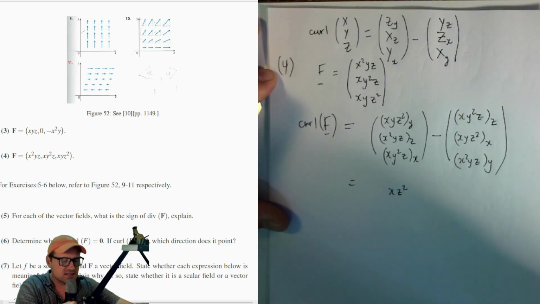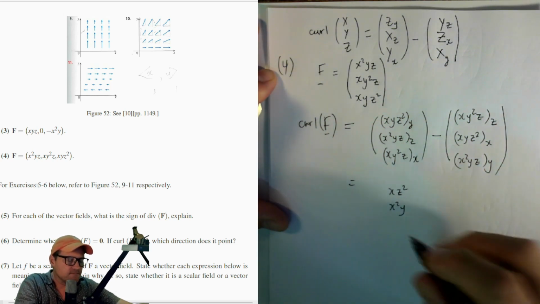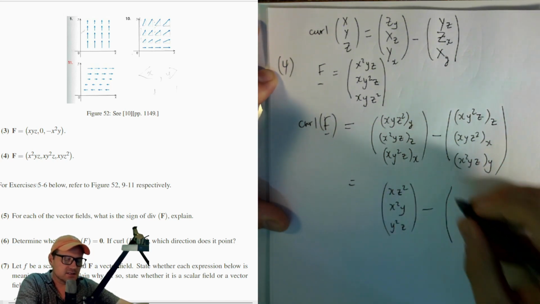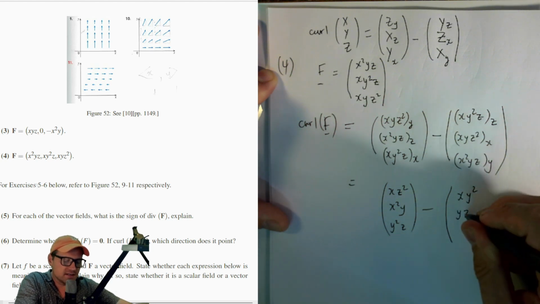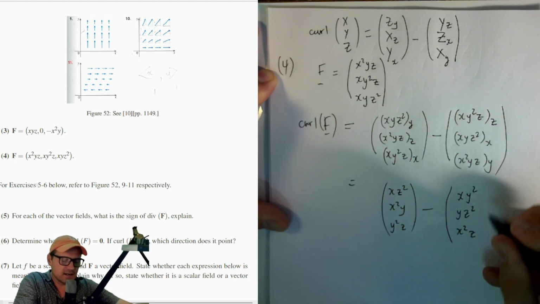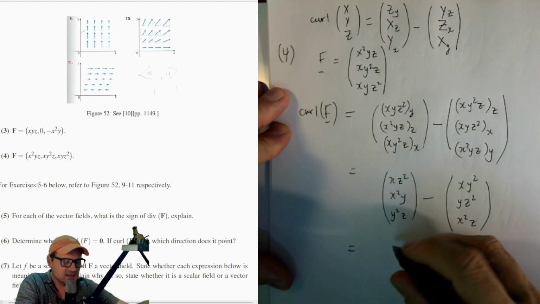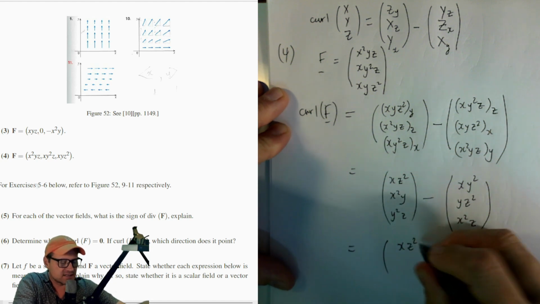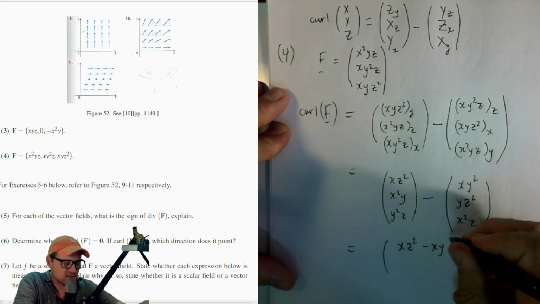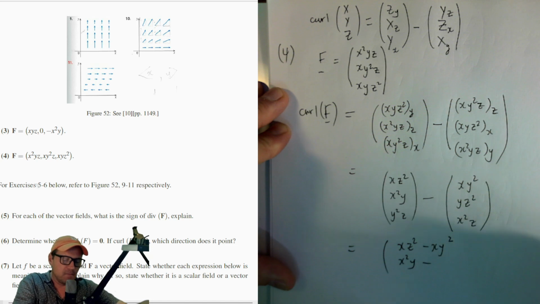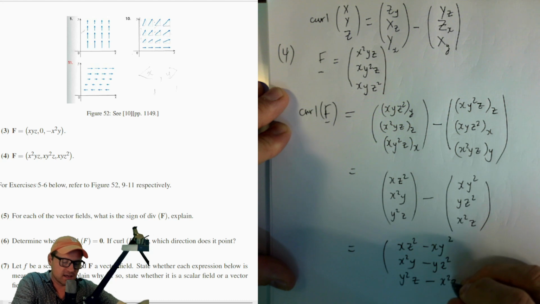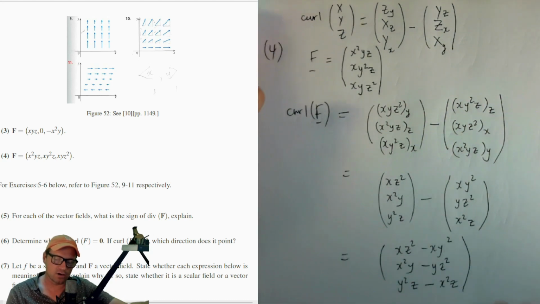So x z squared, x squared y squared z, minus xy squared, yz squared, x squared z. Okay, so subtracting these, we have x z squared minus xy squared, x squared y minus y z squared, y squared z minus x squared z. Okay, so there's our curl vector.